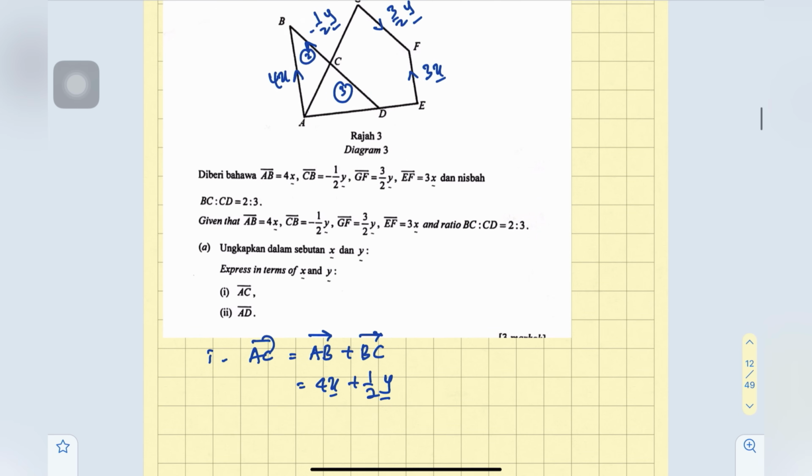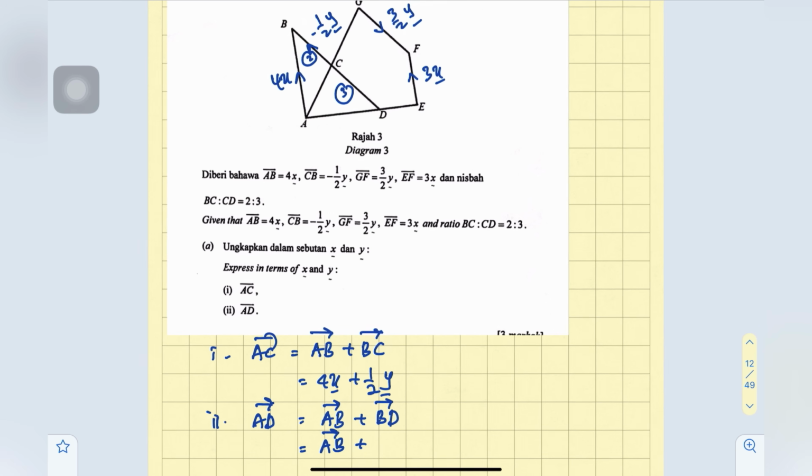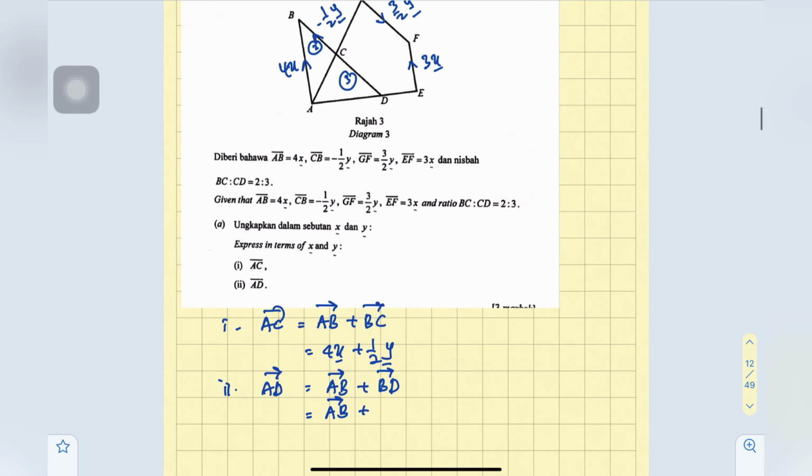Okay, so next, AD, from A to D, AD is AB plus BD. So BD is 5 over 2 BC, in terms of BC.